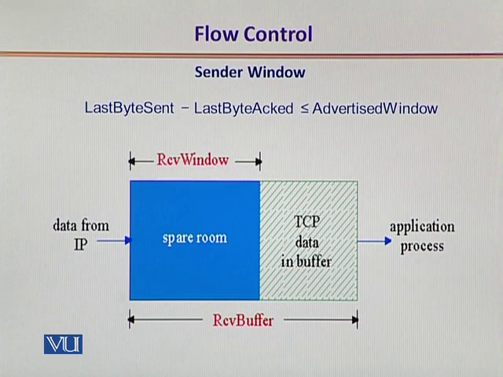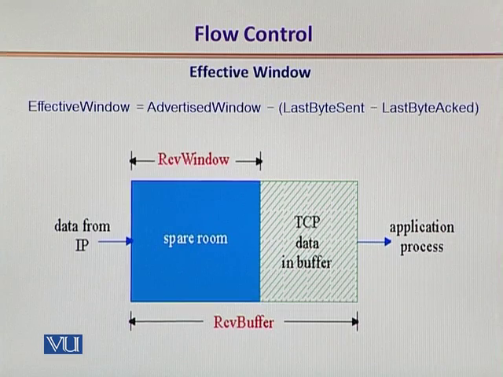But if what has been sent has still not been acknowledged, and this gap between the sent and acknowledged sequence numbers increases, it would eventually be limited by the advertised window from the receiver side. The effective window shall be based on the overall relationship between what has been advertised and what is being offered on the sender side by this relationship.